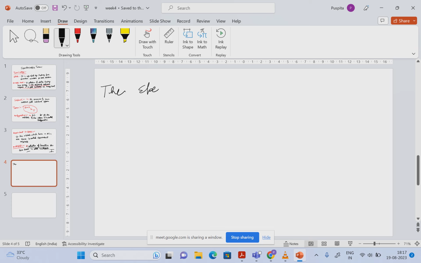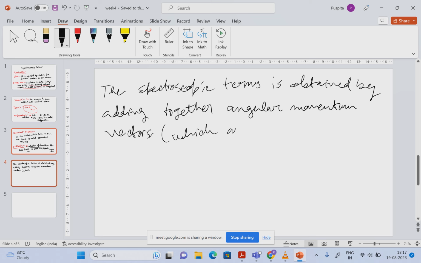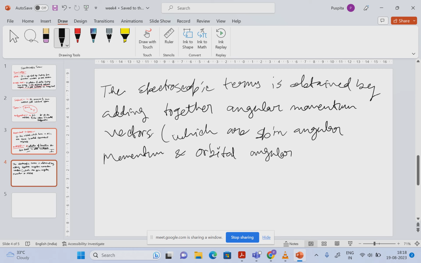Terms, or we can say spectroscopic terms, are obtained by adding together the angular momentum vectors, which are spin angular momentum and orbital angular momentum.